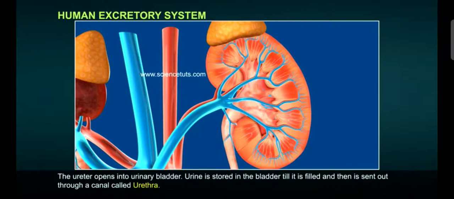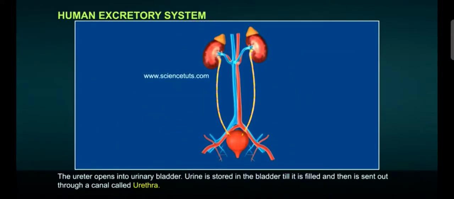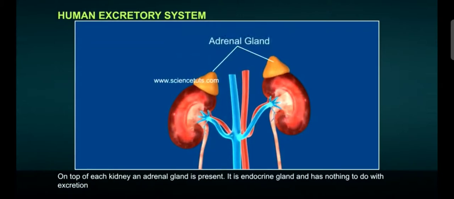The ureter opens into the urinary bladder. Urine is stored in the bladder till it is filled and then is sent out through a canal called urethra. On top of each kidney, an adrenal gland is present. It is an endocrine gland and has nothing to do with excretion.